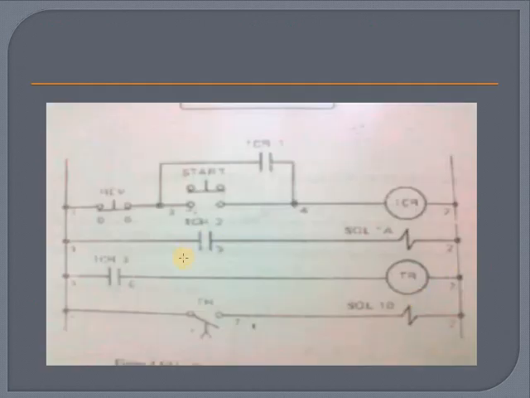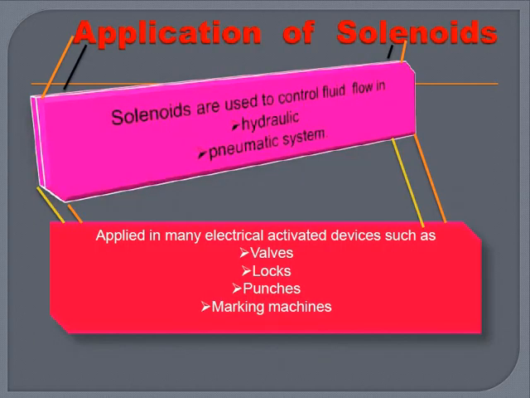So this is an example of the working of solenoid valve A and solenoid valve 1B. Solenoids are used to control fluid flow in hydraulic and pneumatic systems, and are also applied in many electrically activated devices such as valves, locks, punches, and marking machines.